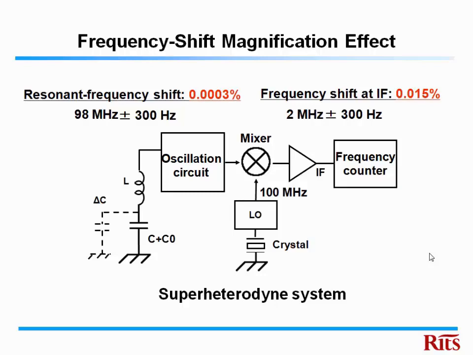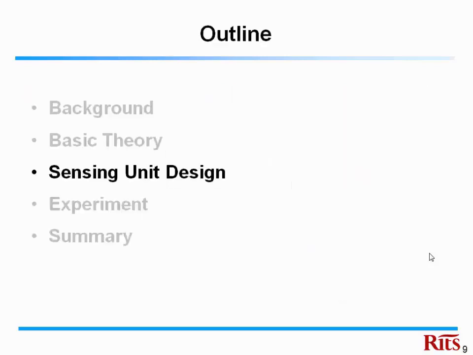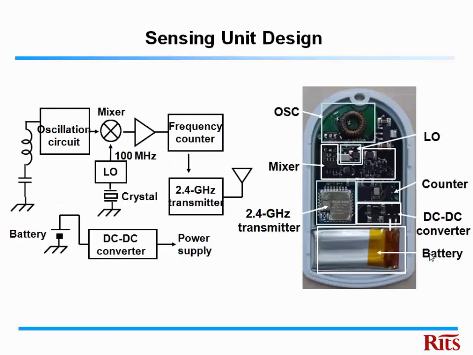Now, utilizing those systems, this is an actual example of the implementation. The left-hand side is the block diagram we discussed, and in addition, we added a 2.4 gigahertz transmitter so that we can monitor the frequency from different locations.